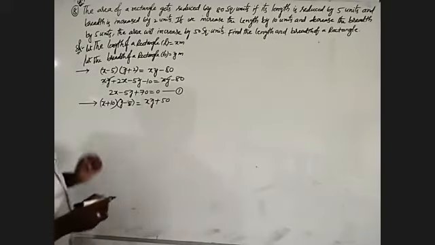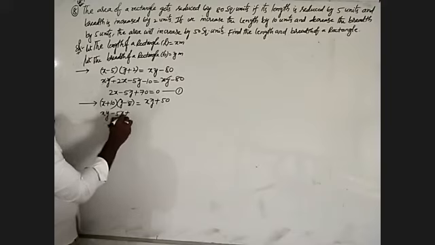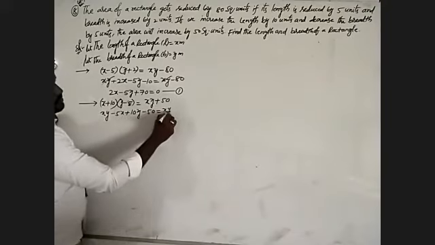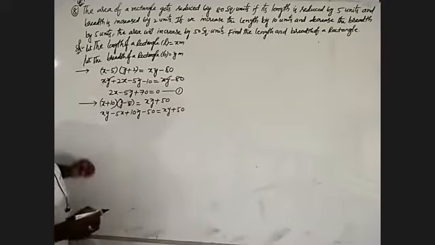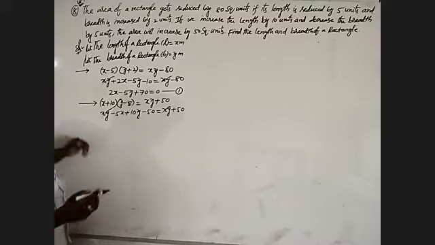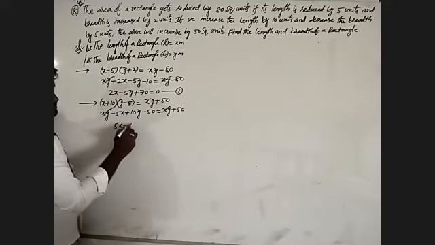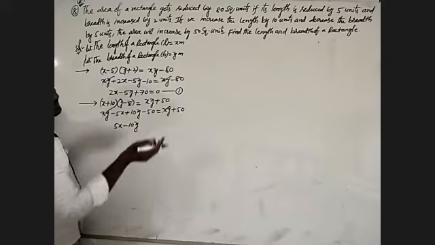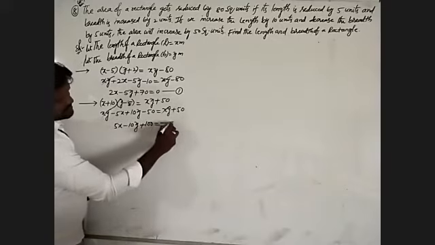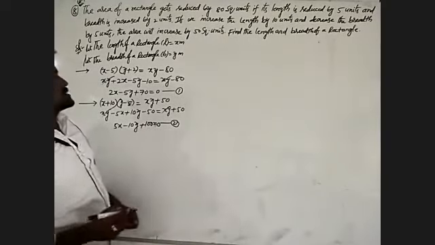So xy minus 5x plus 10y minus 50 is equal to xy plus 50. xy and xy both are plus symbols, so both will be cancelled. Moving this value to that side, 5x minus 10y minus 50, 50 plus 50 is equal to 100. This becomes equation number 2.